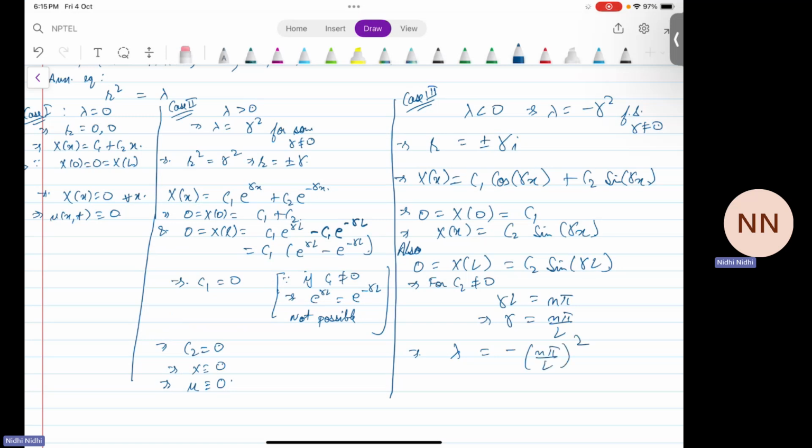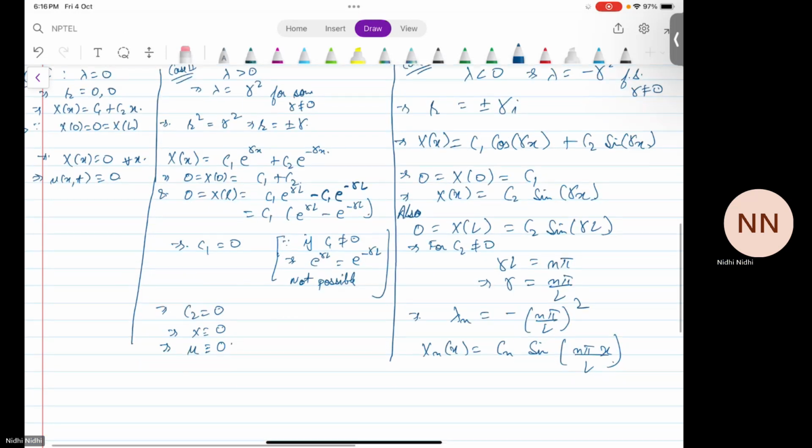Now since it is depending on the natural number n, I'll denote it as lambda n. And corresponding to lambda n, the solution xn is some constant coefficient Cn times sine n pi x by L. Now corresponding to this lambda n, we need to find Tn as well.